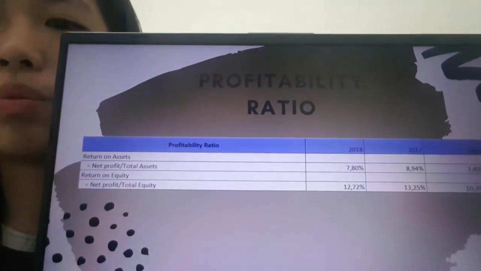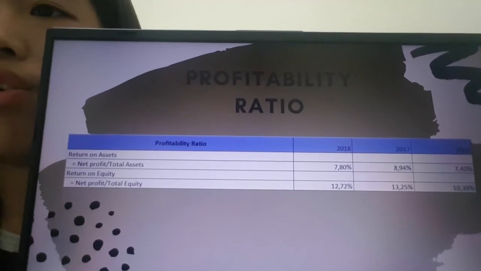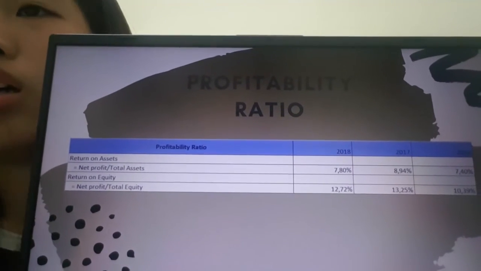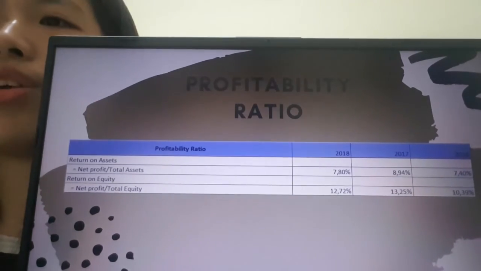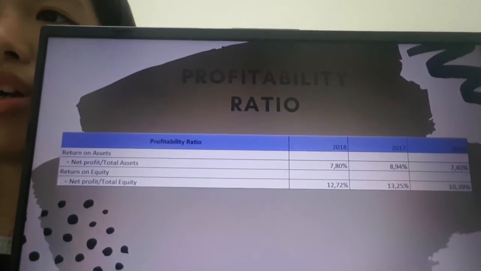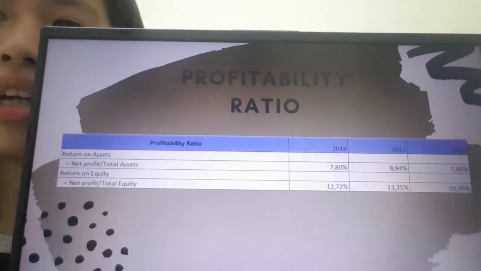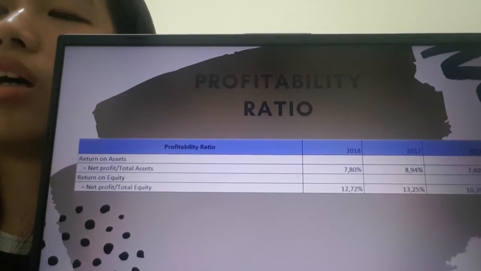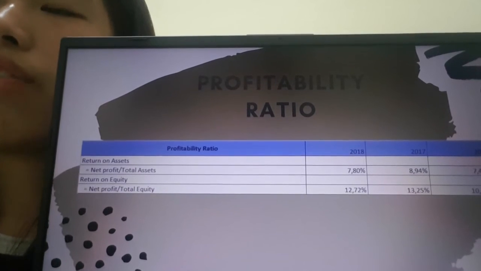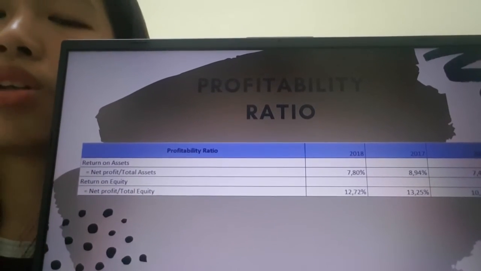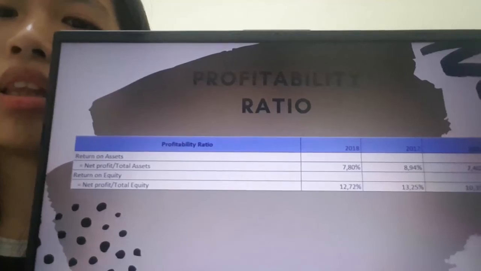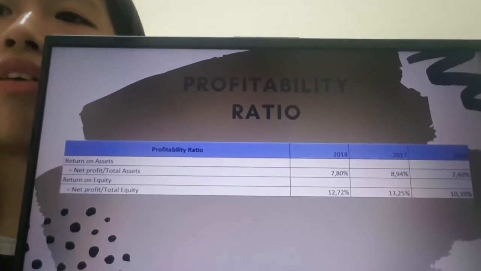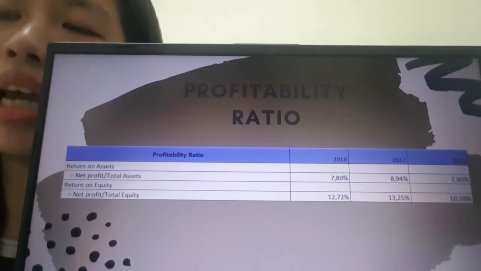Next is profitability ratio. For the profitability ratio, we use the return on asset and return on equity ratio. For the return on assets, we get it by dividing net profit by total assets, and we get the percentage of 7.4% for 2016, 8.94% for 2017, and 7.8% for 2018.